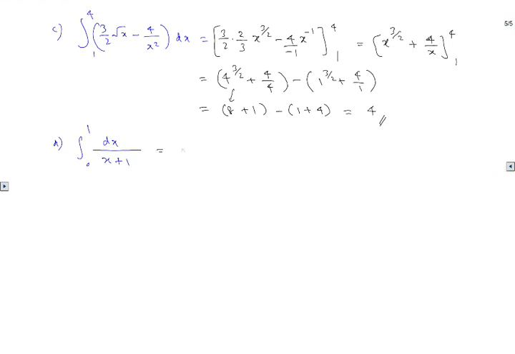This is the natural log of x plus 1, because when you take the derivative of natural log of x plus 1, you get 1 over x plus 1, so you can go backward. Some people write the evaluation with corners, but that's okay, whatever you get used to. Plug in 1, so it becomes ln 2, minus, when you plug in 0 it becomes ln 1, but ln 1 is 0, so you get ln 2 as the answer.